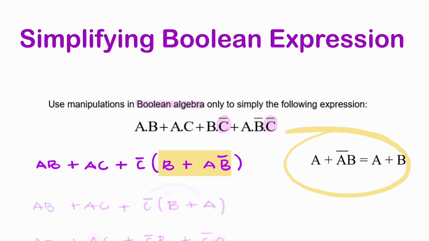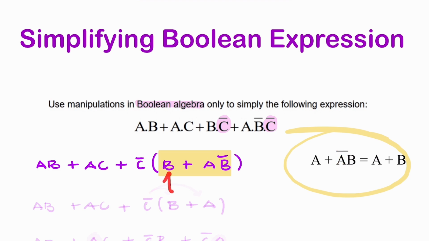So you have some variable A plus the inverse of that variable, not A, multiplied by another variable. Then that can be simplified to the original variable plus the second variable. So it's as if we're eliminating not A. So here we have the same thing.